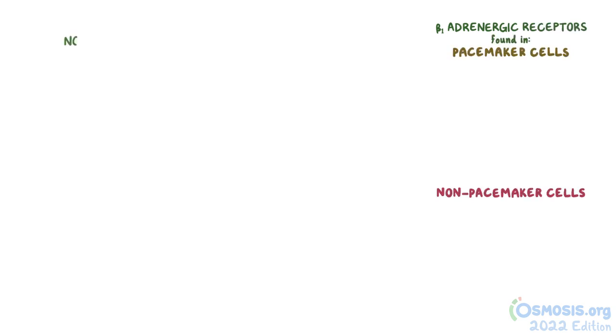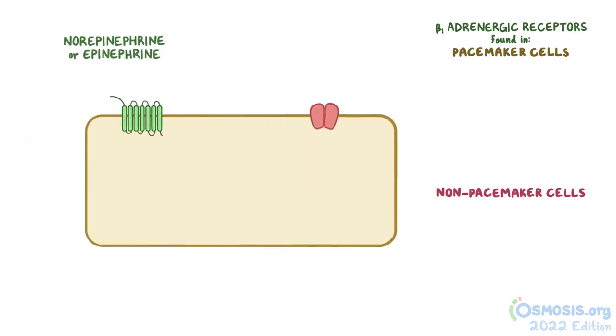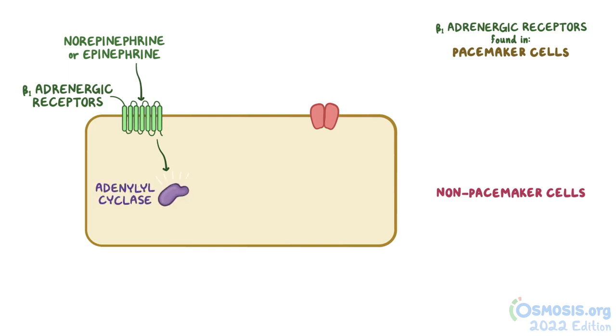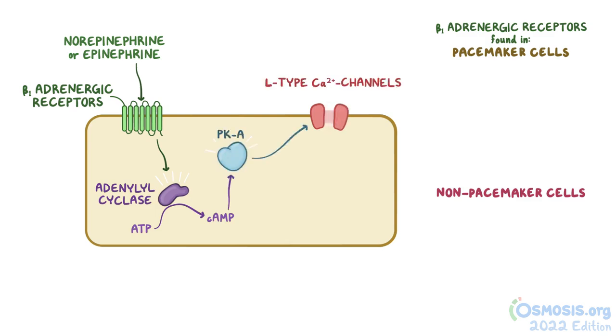Once stimulated by norepinephrine or epinephrine, beta-adrenergic receptors activate the enzyme adenylyl cyclase, which converts adenosine triphosphate, ATP, into cyclic adenosine monophosphate, cAMP. Moreover, cAMP is a secondary messenger that activates an enzyme, cAMP-dependent protein kinase, PKA, which phosphorylates L-type calcium channels.